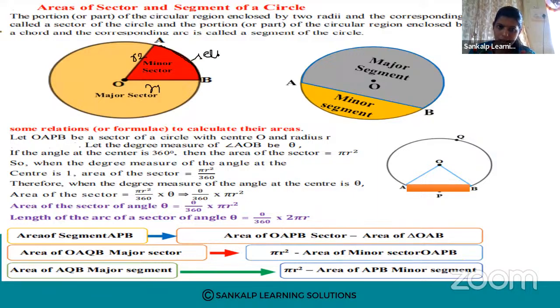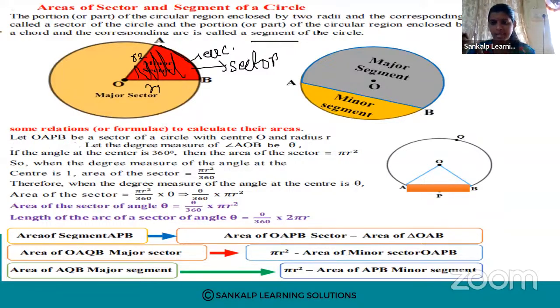Right? Here the area enclosed by two radii and this arc we call a sector. And the portion of the circular region enclosed between a chord and the corresponding arc is called a segment. So this is the difference between sector and segment.